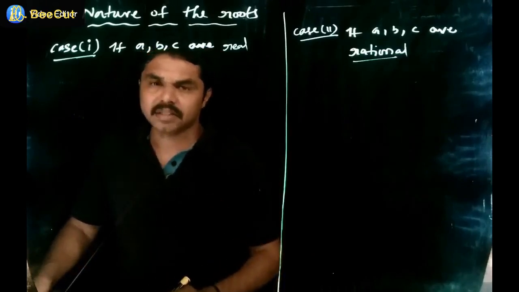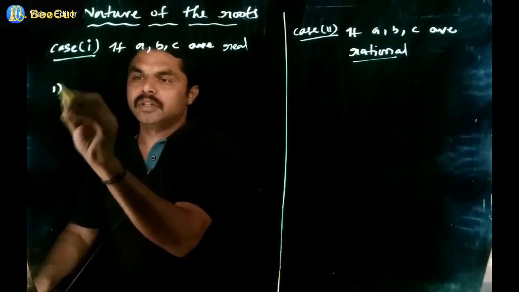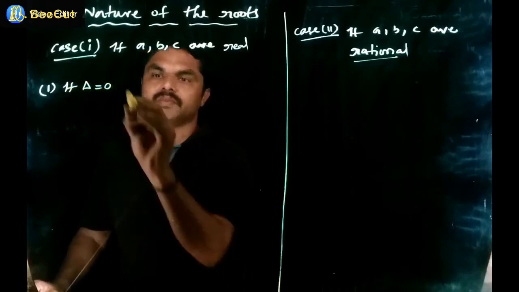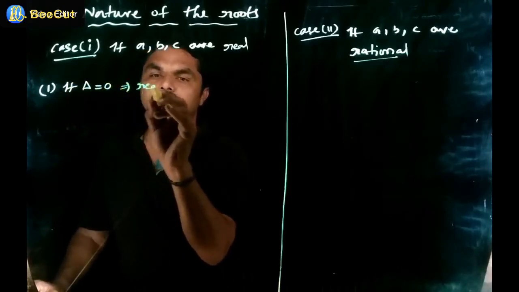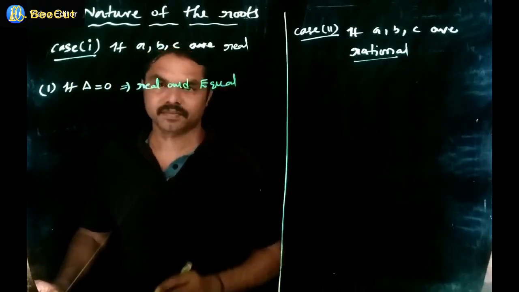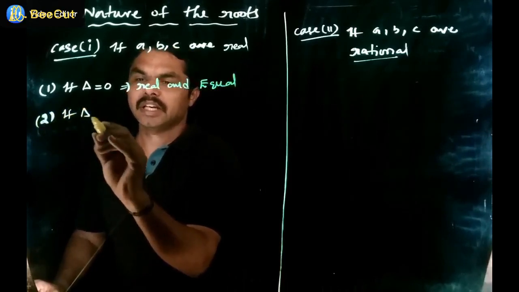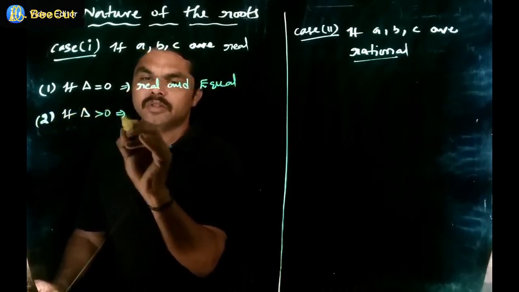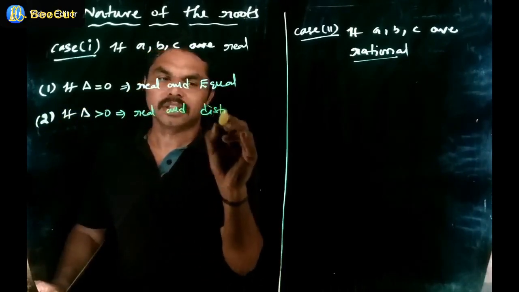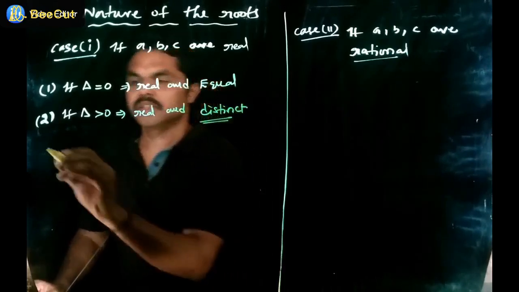Already we discussed that the nature of the roots is decided with the help of delta. First point, if delta equal to 0, roots are real and equal. Second point, if delta is greater than 0, roots are real and distinct, distinct in the sense different, both roots are different.